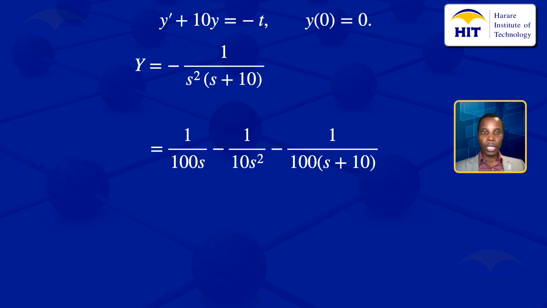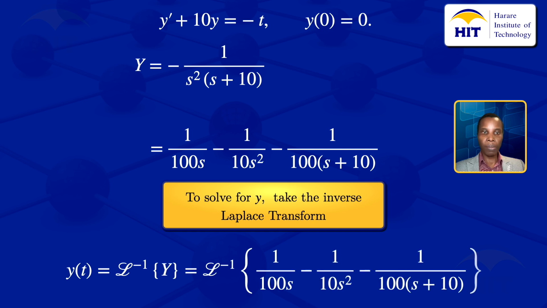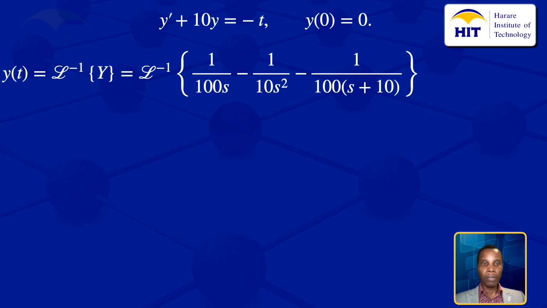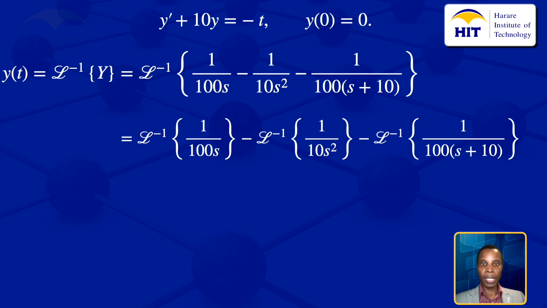To get our solution Y, we have to take inverse Laplace transforms. So our y, the lowercase y, the y of t, is equal to the inverse Laplace transform of Y, which is equal to the inverse Laplace transform of the expression that we have just written here. So that our expression will then become the inverse Laplace transform of 1 over 100s minus the inverse Laplace transform of 1 over 10s squared minus the inverse Laplace transform of 1 divided by 100 multiplied by s plus 10.